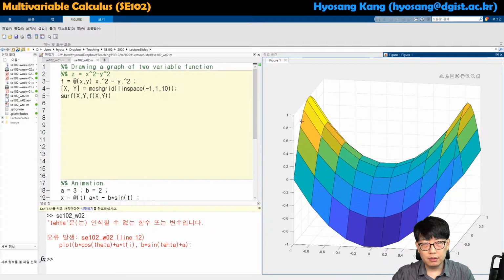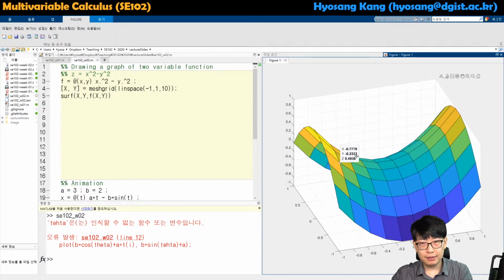Each tile is simply a flat plane, and I'm taking all the sets of flat planes and putting them side by side, and it looks like a curved surface, but it really is not. It just looks curved, but it's actually a set of flat planes.